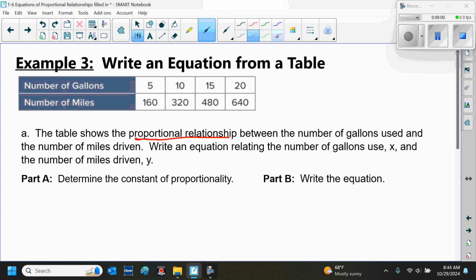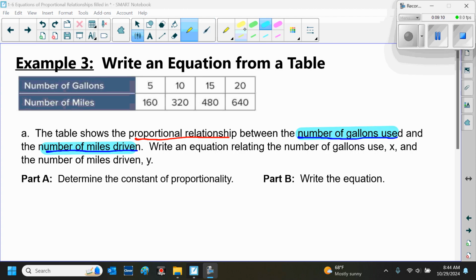What we are comparing is the number of gallons used and the number of miles driven. What we want to do is write an equation, y equals kx, don't forget, relating the number of gallons used, x, and the number of miles driven, y.